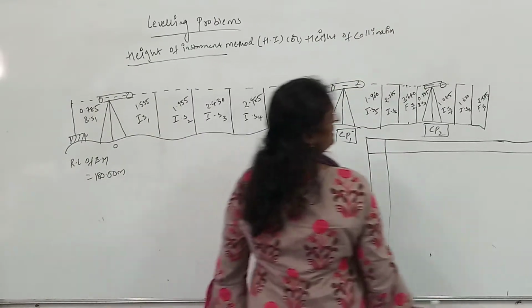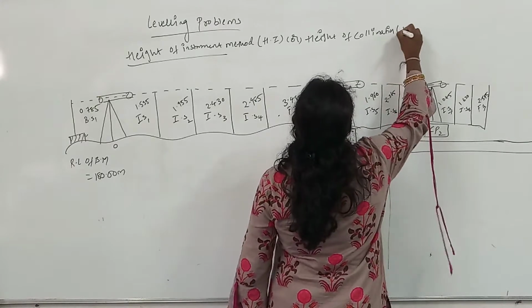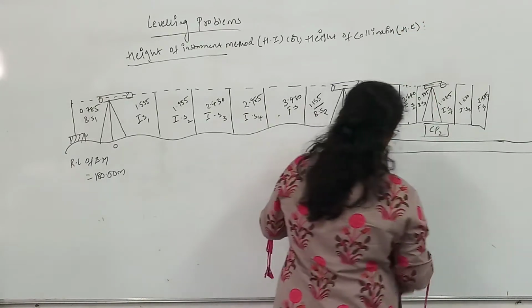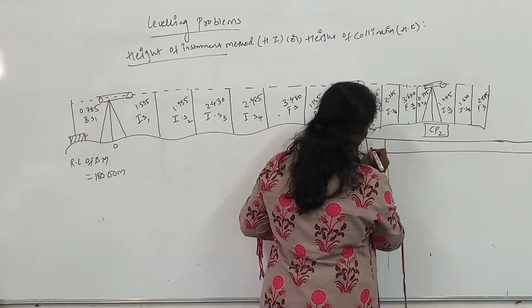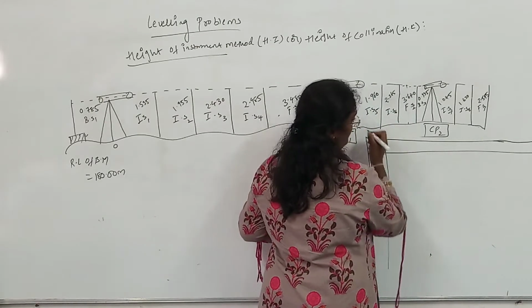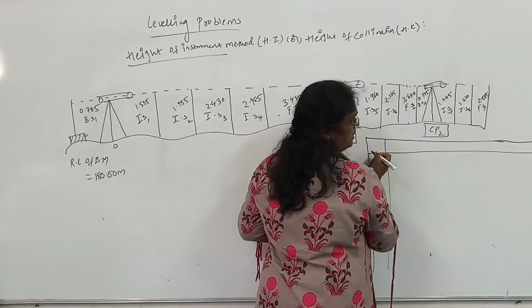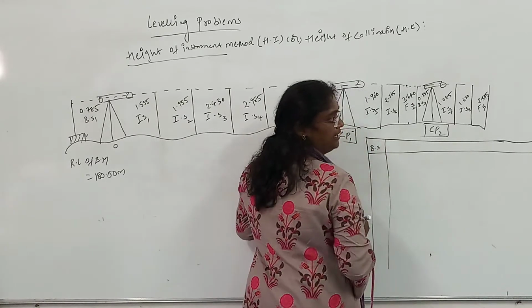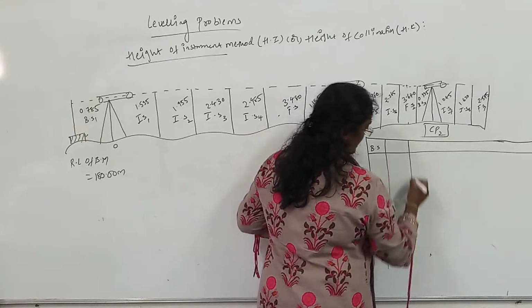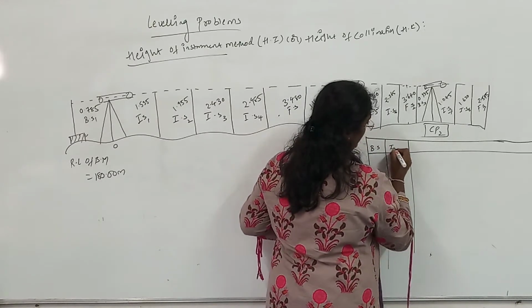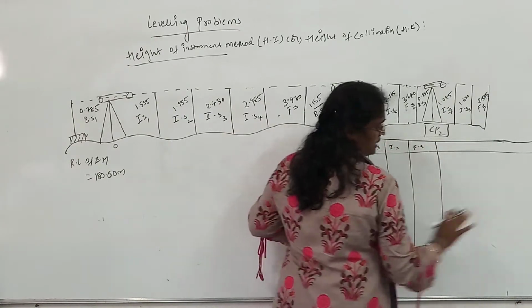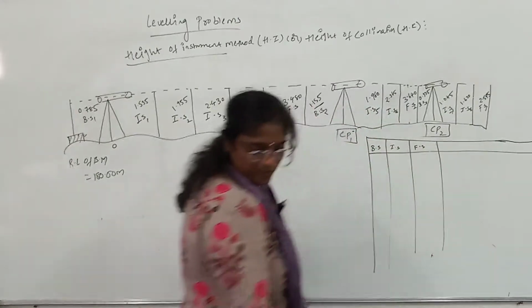Collimation is nothing but the line of sight. If I have been given the distance, you can mention it here. I did not take any distance here. Directly I am taking backside, next intermediate side, next foresight.